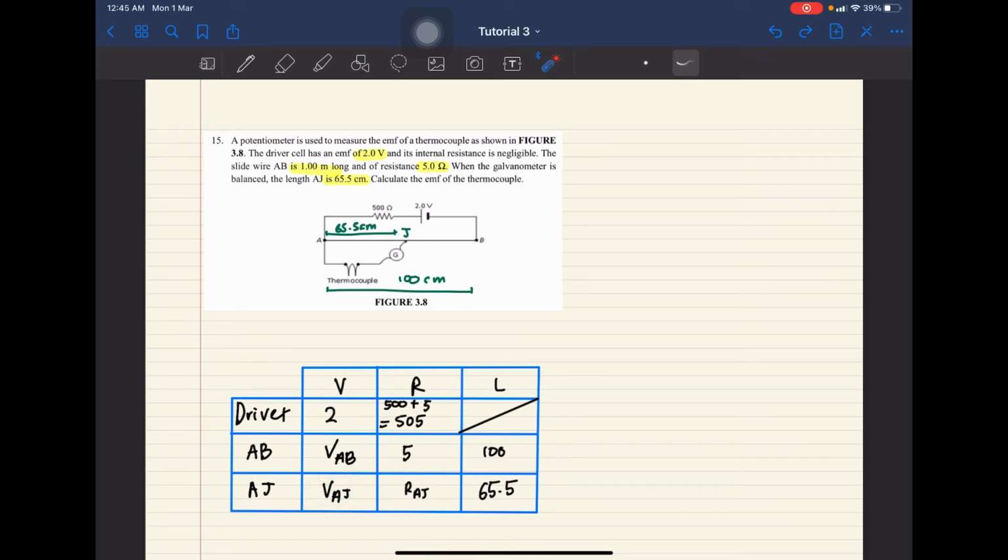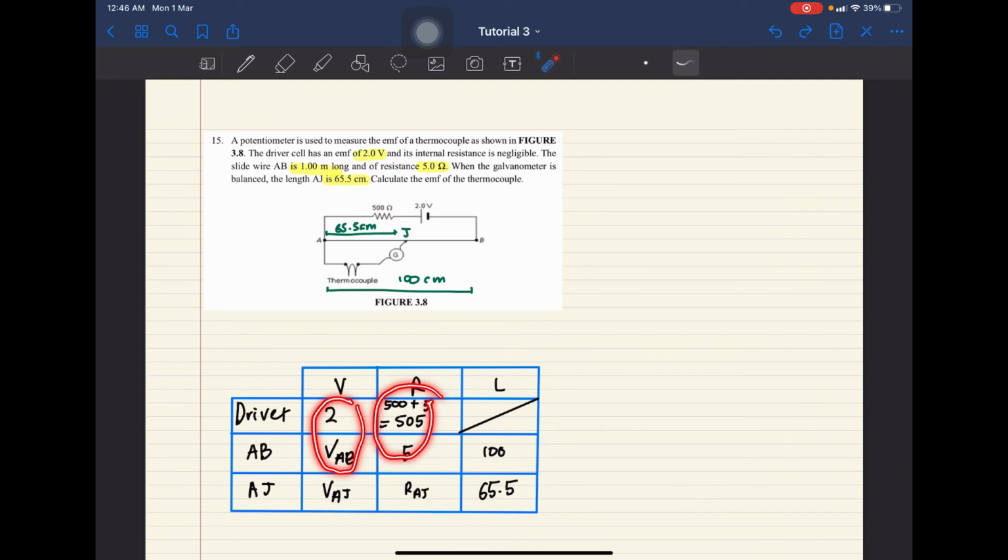Okay, there are many ways actually. I can use this part. I can find this one, and then I can use this part to find this one, and then I can solve with this part. But that is many steps. One of the best things about the table is that you can simply skip this one. You can ignore it, bring it closer to here. So I can find my VAB first using this value here. I can use VAB over 2 equals 5 over 505.